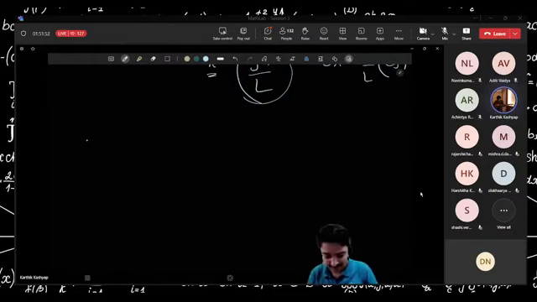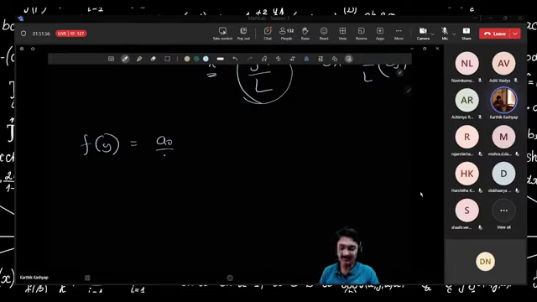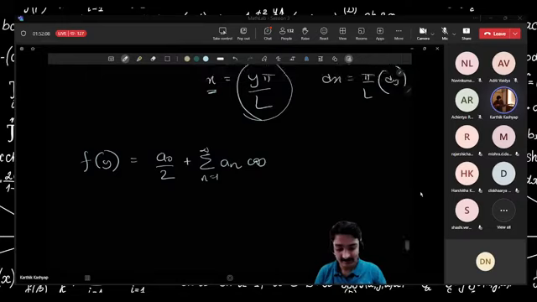So instead of f of x, f of y is equal to a0 by 2. This is common anyway. Plus summation an, these are all constants anyway, n is equal to 1 to infinity, cos nx. We would replace that by n y pi by L, or more formally n pi y by L.